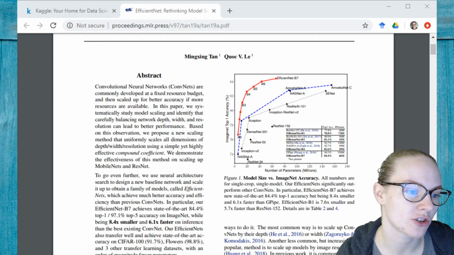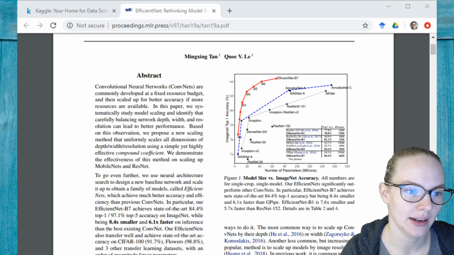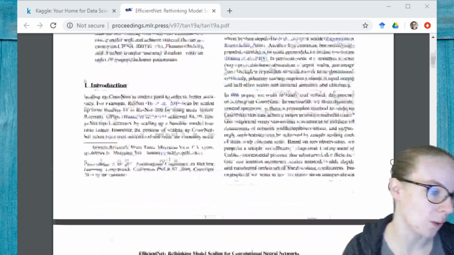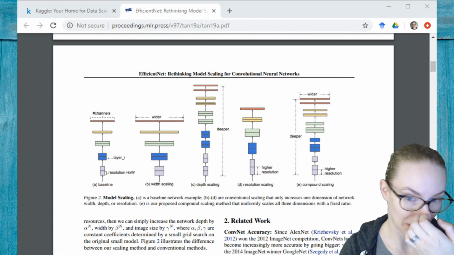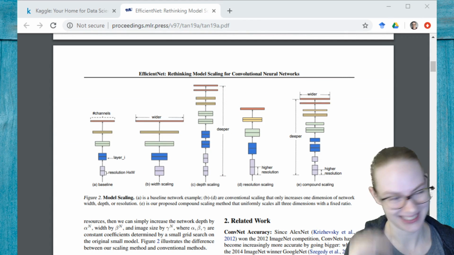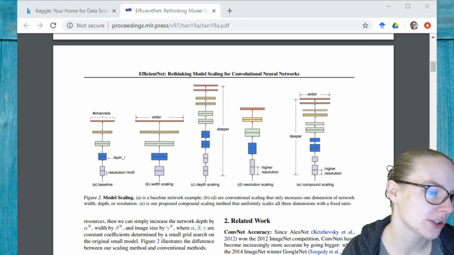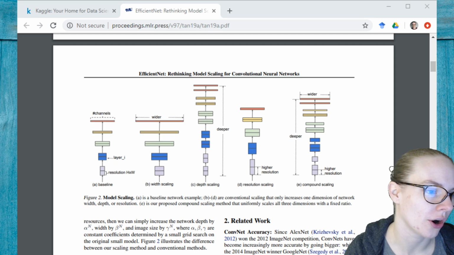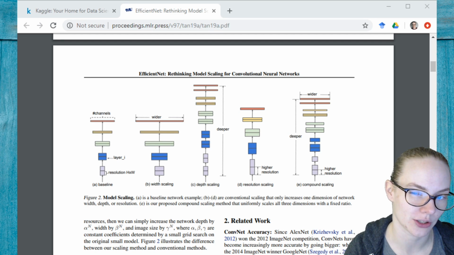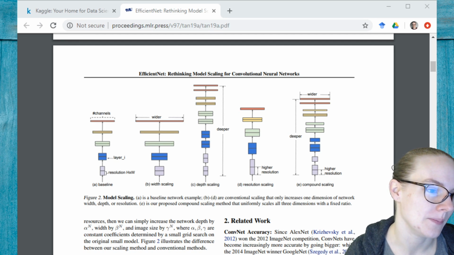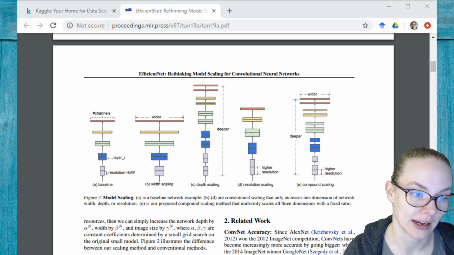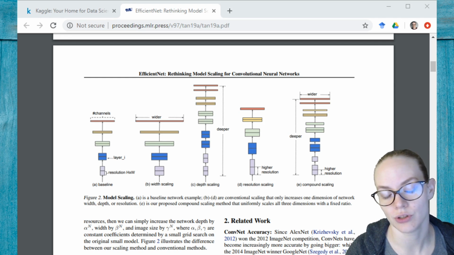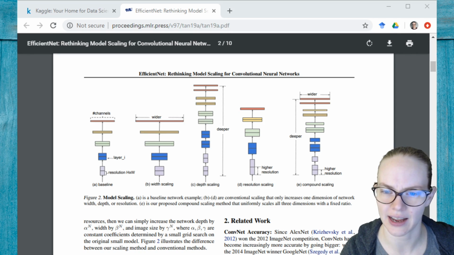It's really common to train a small model and then increase the size along one of three parameters. The parameters that people generally will increase the size along are width, which for convolutional neural networks means channels; depth, so adding additional layers; and then resolution, so using pictures with higher resolution, because this is usually images.